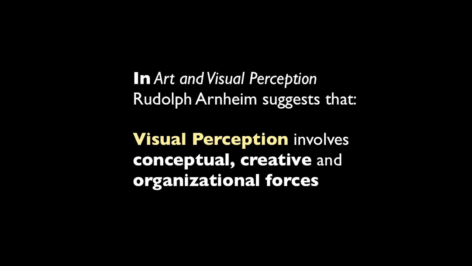Conceptual meaning it's our minds, it's a thought process. And creative is that passion and energy to create. And then finally, we have to be able to pull that together, pull those thoughts, that passion, everything else, and organize it in a way that it communicates.